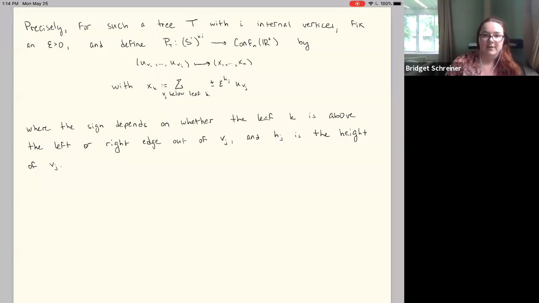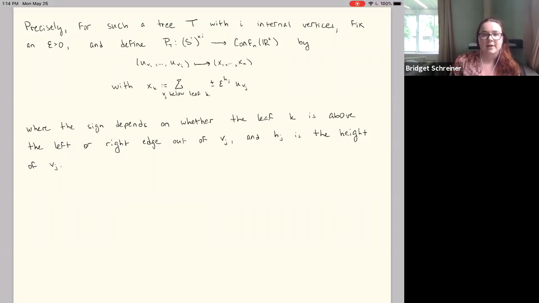And that sign, the plus or minus, just depends on whether the leaf with the label k is above the left or the right edge out of the internal vertex. And then, like I said, h_j is the height of v_j. So it's not super important that you understand what this map is doing. Basically, it's just taking the coordinates corresponding to an internal vertex and constructing a point in the configuration out of that.